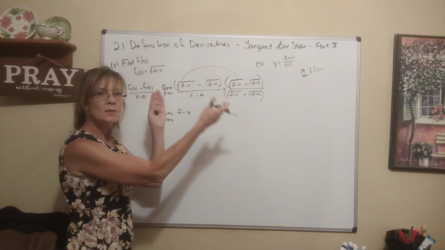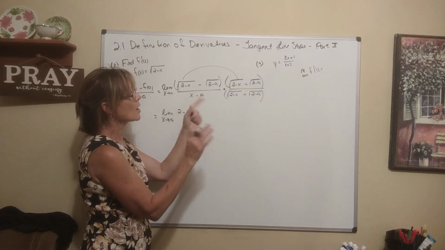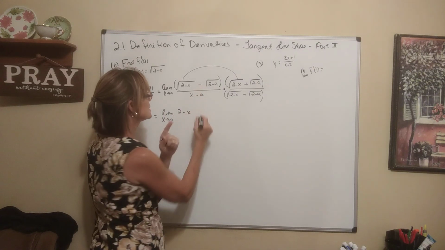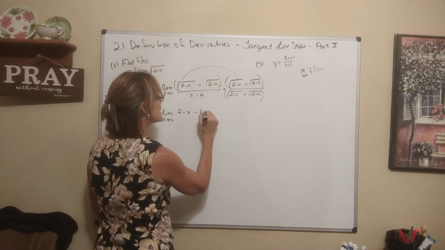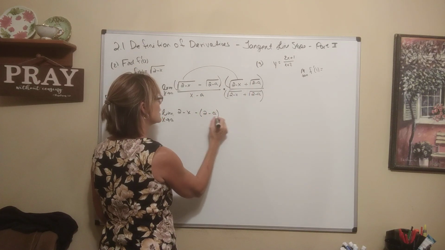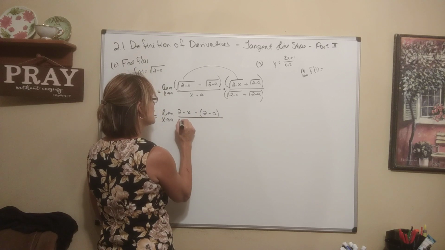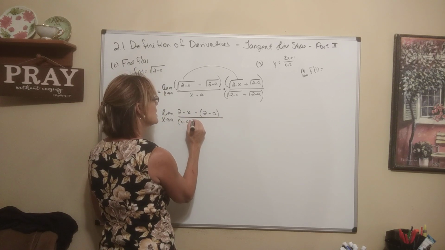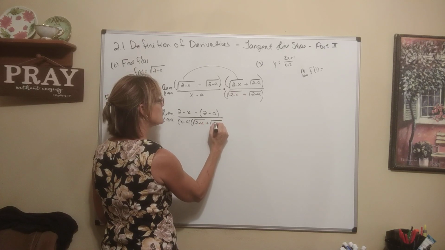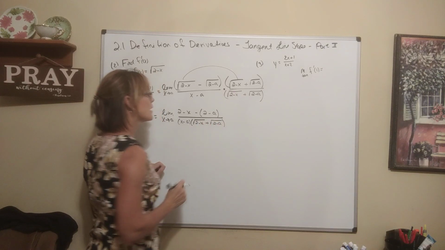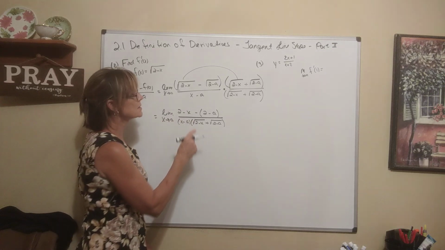Those add together to be 0. And then the only thing we have left is minus the square root of 2 minus a times the square root of 2 minus a is 2 minus a. And this is all over x minus a times the square root of 2 minus x plus the square root of 2 minus a.